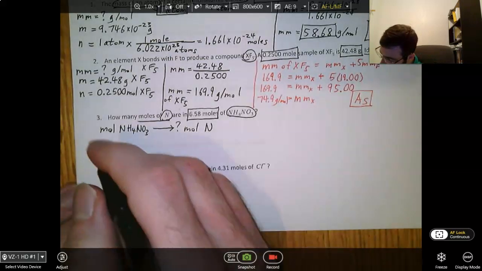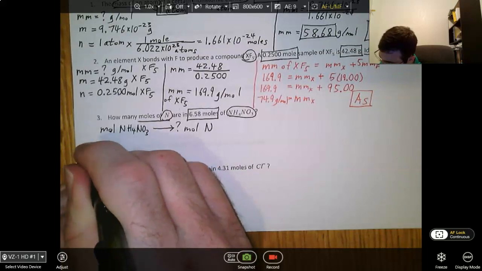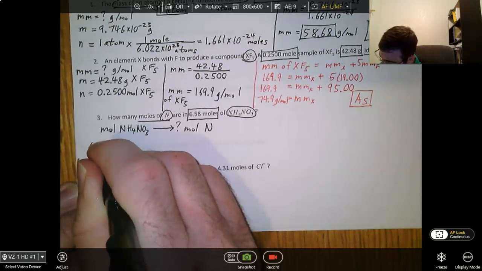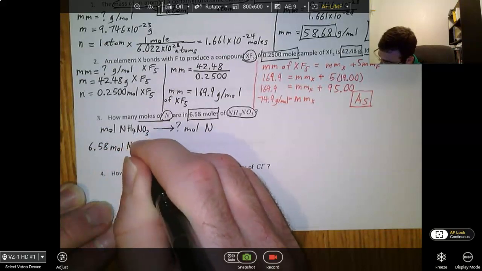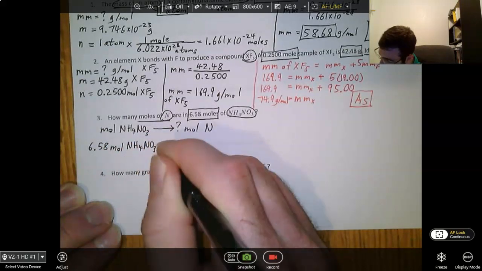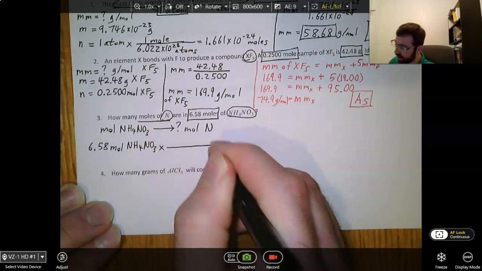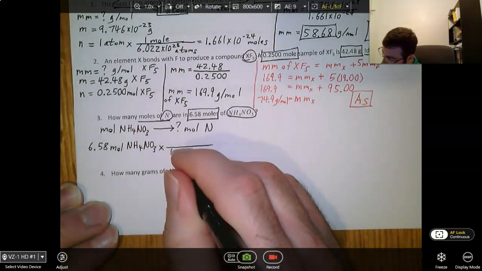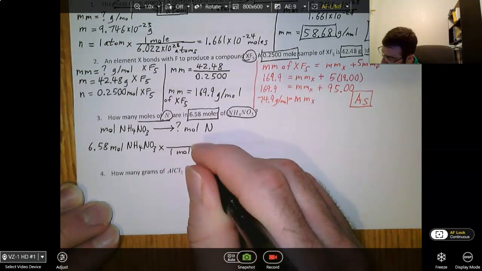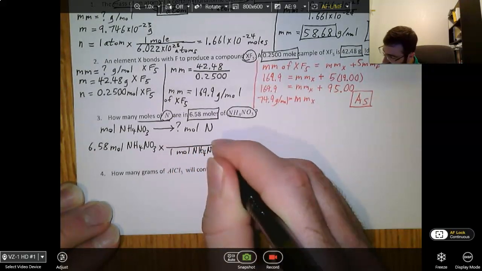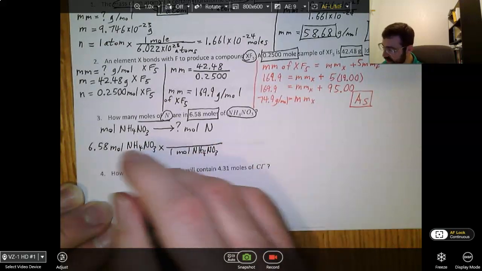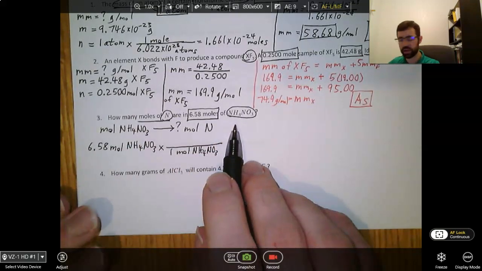I have 6.58 moles of NH4NO3. For every 1 mole of NH4NO3, don't forget to always cancel your units out with dimensional analysis. We should be comfortable with that. If not, check in with me.